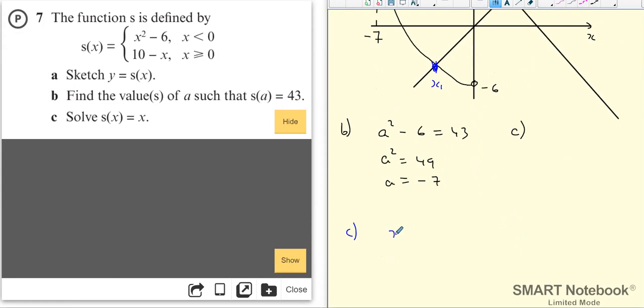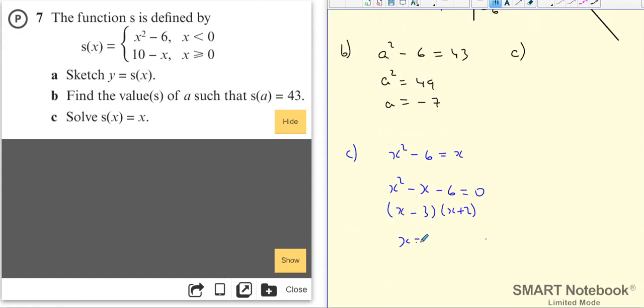We are going to say x squared minus 6 equals x. So x squared minus x minus 6 equals 0. x minus 3, x plus 2, x equals 3, x equals minus 2.